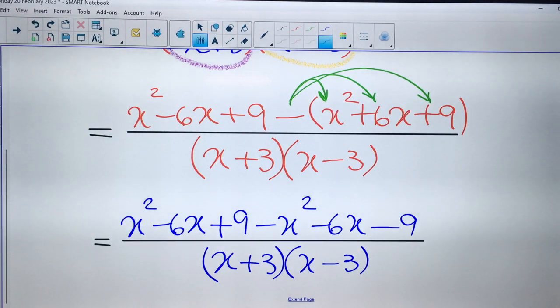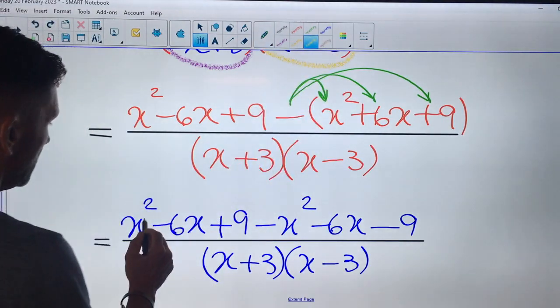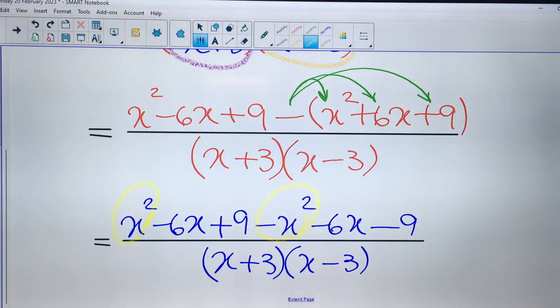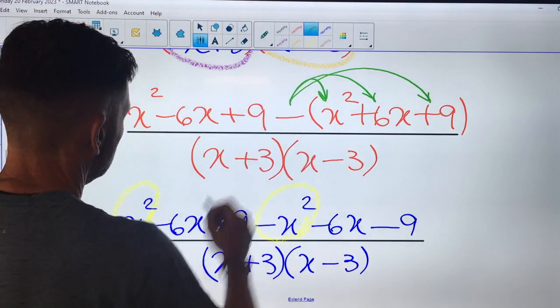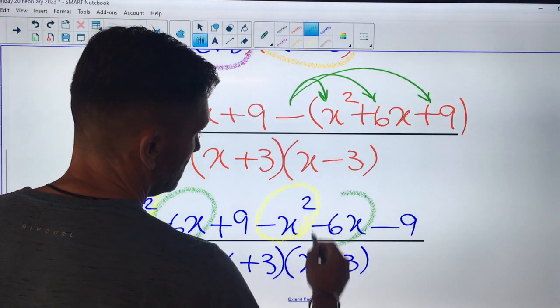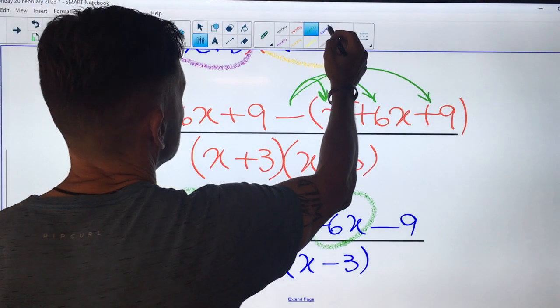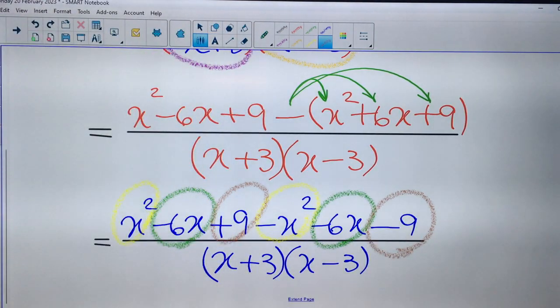We need to collect like terms. Here are the like terms. Those two are like, those two are like, and the last two are like. So let's look at the yellow, the x squared.